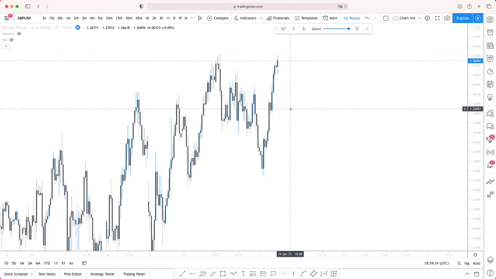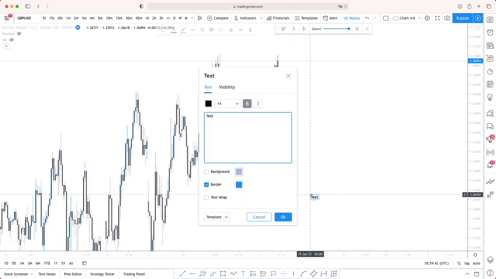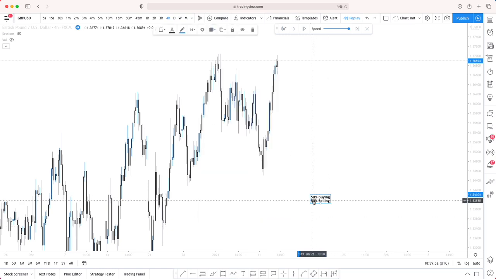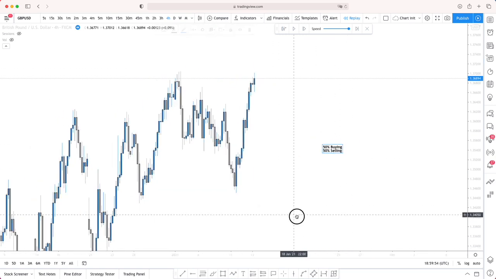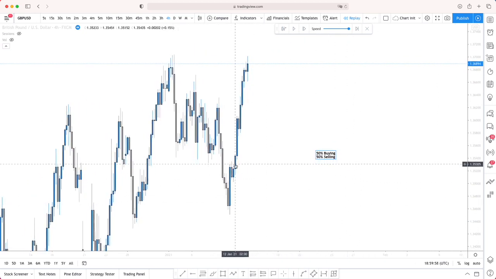As we know, for the market to run, there needs to be 50% buying, which I'll write here, and 50% selling. Why is that important? When you get huge impulses, what do you see?